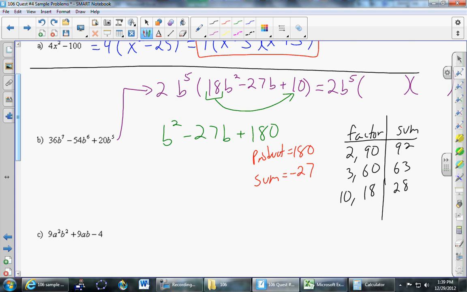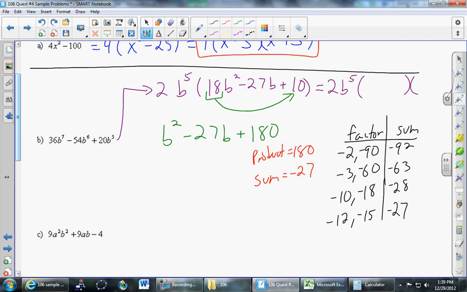The right thing is negative 27. I guess that means we probably should have put negatives in front of all of these guys. So pause the video, come back if you think you found it. So if you came up with 12 and 15 or negative 12 and negative 15, then you did it right.